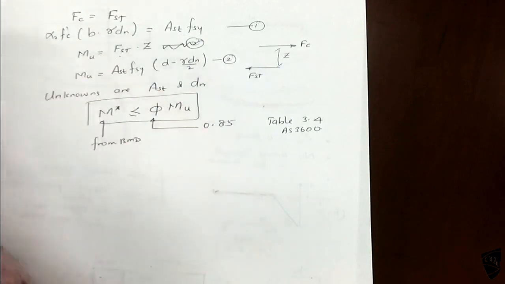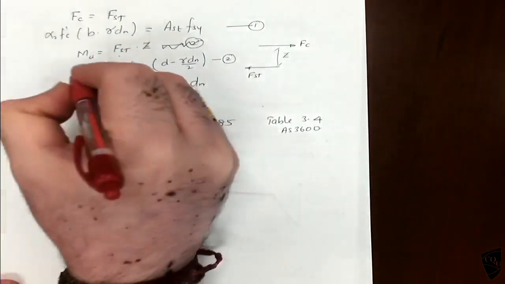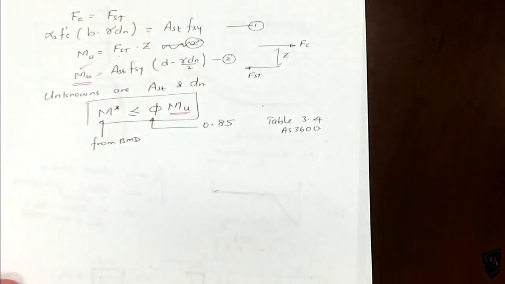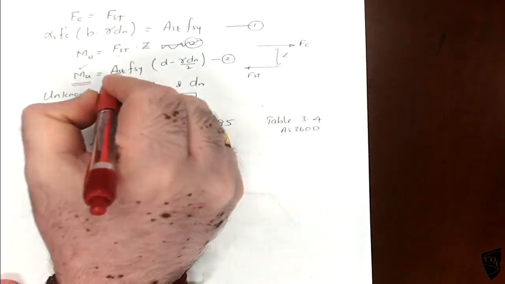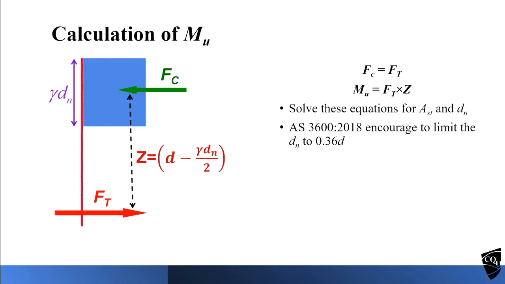You know the minimum Mu you need. All the values except AST and gamma dn are there. You should be able to solve these two equations. You will get a second order equation and you should be able to solve it.